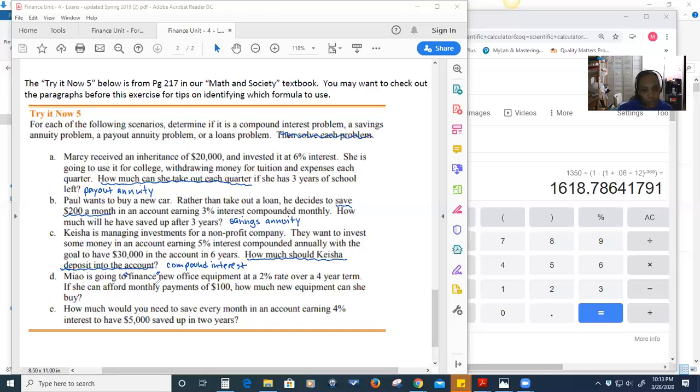If she can afford monthly payments of $100, so she's paying money back to somebody. How much new equipment can she buy? So she's financing office equipment, which means she doesn't have the money to pay for it all right now, and she's taking out a loan.